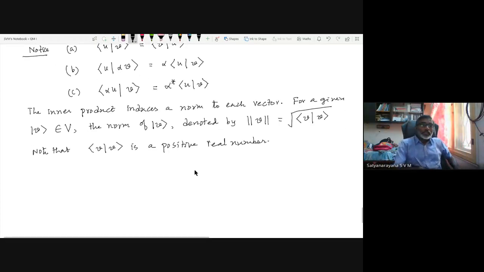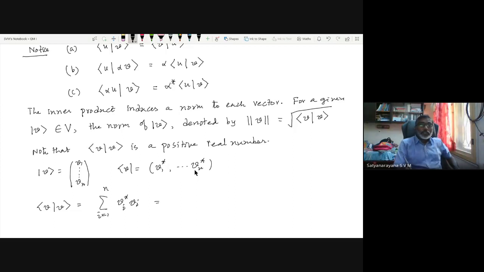Okay, in other words, if you imagine that your V has components V1 to Vn in an n-dimensional space, then your bra V will be V1 star to Vn star in a chosen basis. Then your VV is basically the sum over i equal to 1 to n of Vi star into Vi, which is the sum over i equal to 1 to n of the modulus of Vi squared.